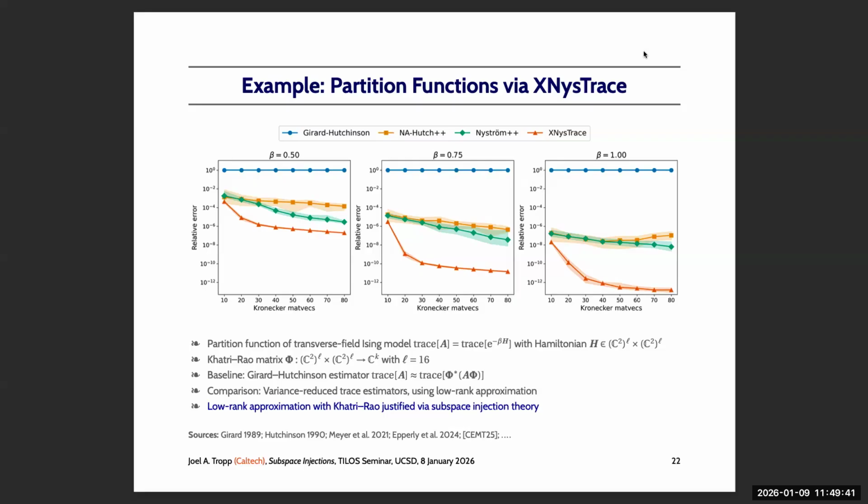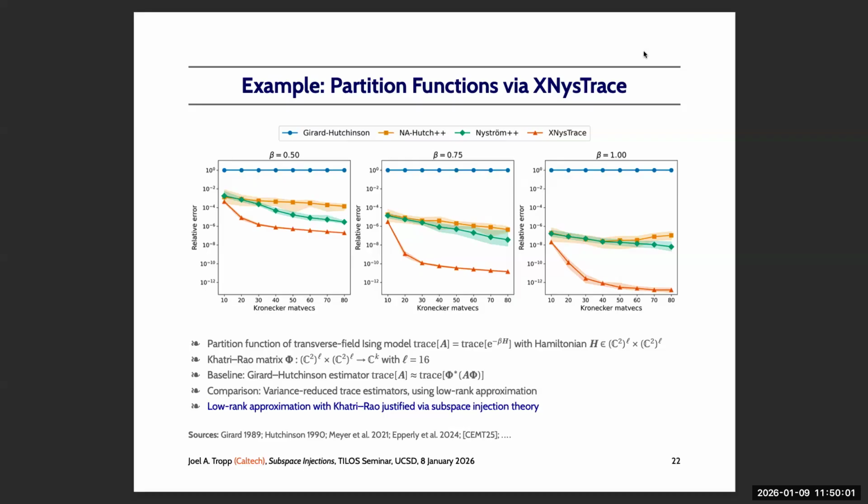For concreteness, we're taking a chain of 16 spins. So the space is 2^16, about 64,000 dimensions.